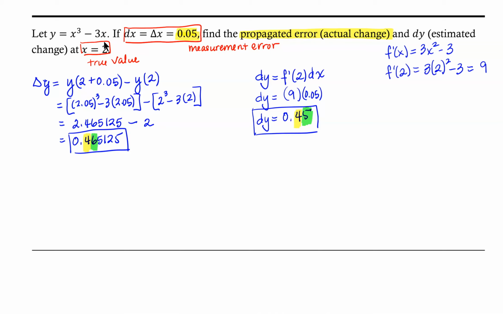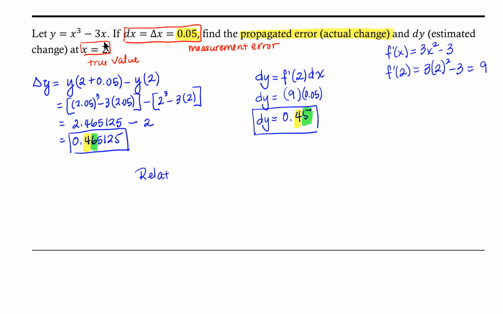So those are our two. Propagated error is the dy, and the estimated change is 0.45, which doesn't look too terribly bad of an approximation. However, let's take a look at the relative change.